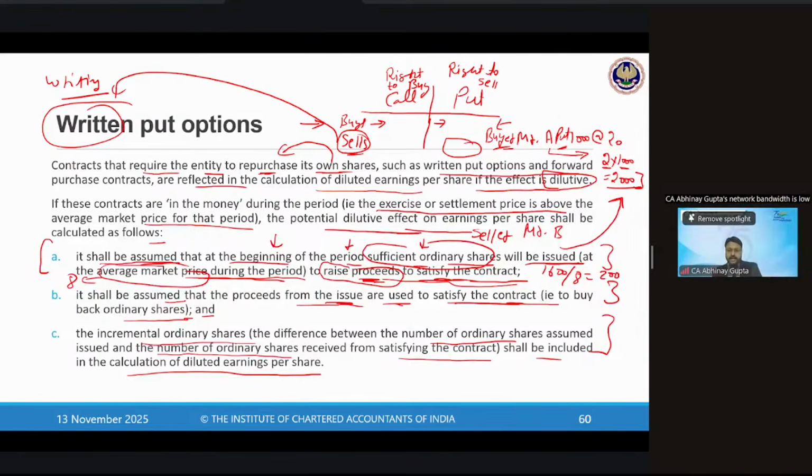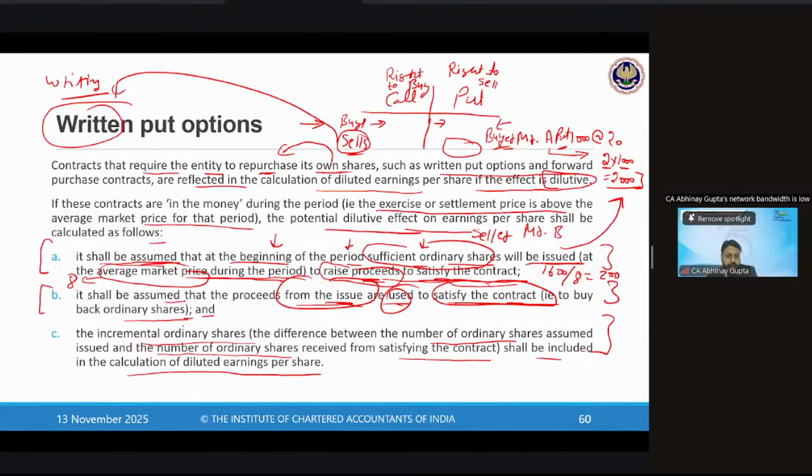But no. The standard assumes that the number of shares issued is only for the contractual obligation amount. So it shall be presumed that the proceeds from the issue are used to satisfy this contract only and not for any other purpose, so that much cash only we are raising by the issue.